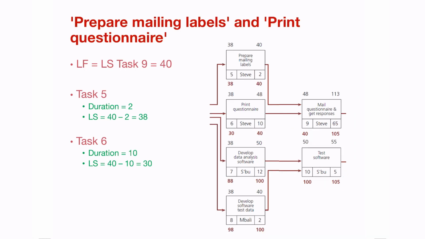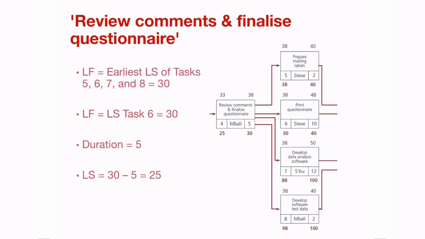Now we're moving back again. Remember, we're moving from right to left, and we have our set of activities. Now finally we have the two sets of activities that flow into one. Now you need to make a decision out of these four: when is the latest that the review of comments can take place?